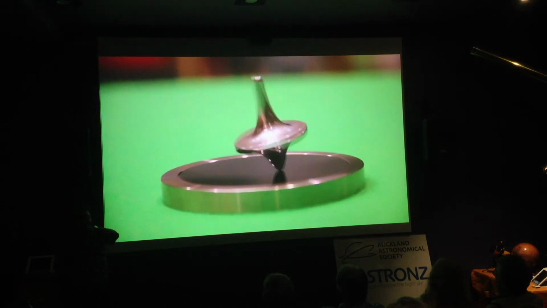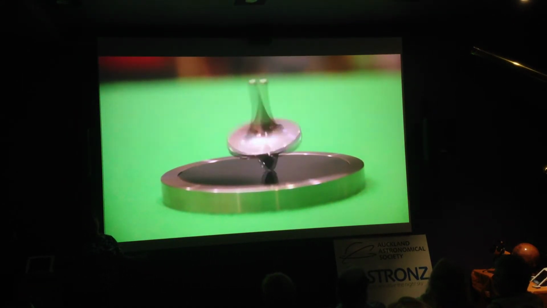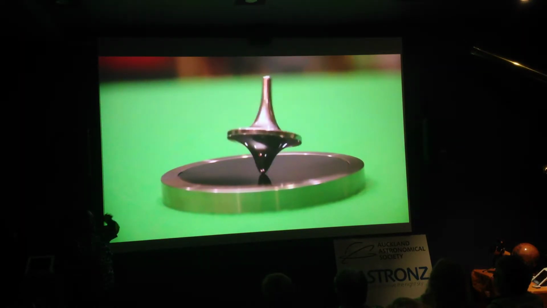The Earth does a lot of fascinating things. It's spinning, it's going around the sun, but it's also rotating on its axis just like a spinning top, which means whatever you see now actually changes over a period of time.